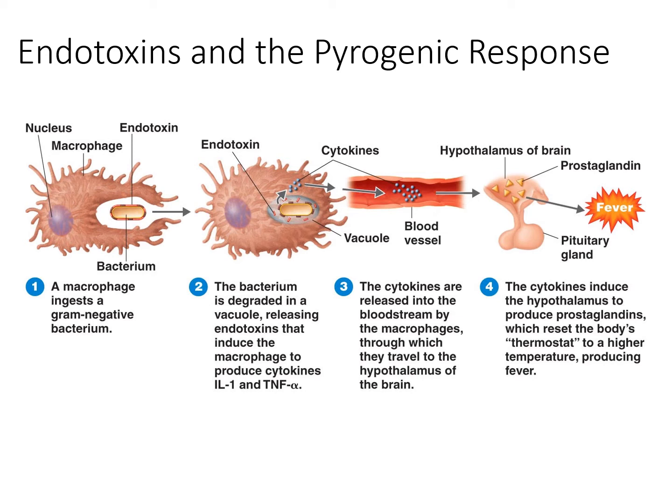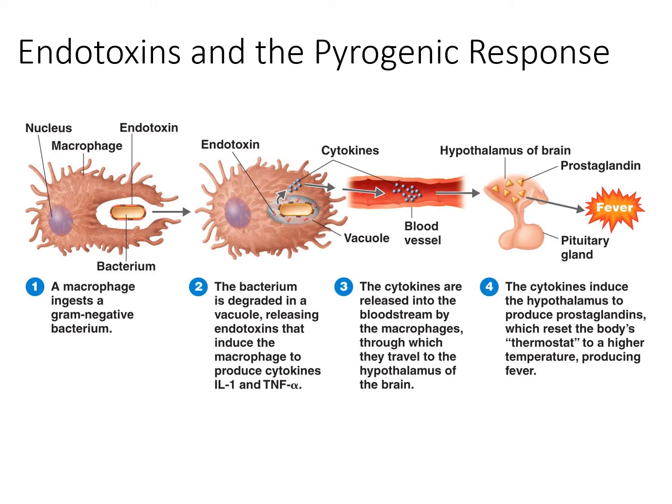Now, the release of IL-1 and TNF-alpha can also cause fever. So when these two cytokines make their way into the blood, they travel via the blood vessels up to the brain. And you might remember from AMP2 that the hypothalamus of the brain is kind of like the thermostat of the body. It sets your body temperature.